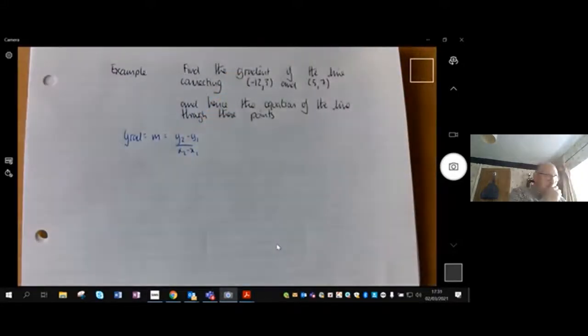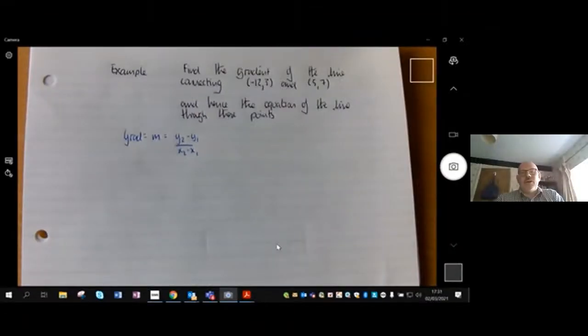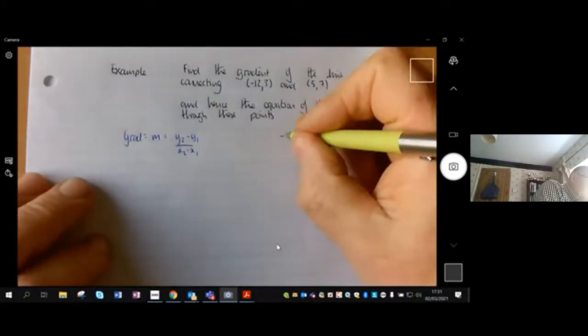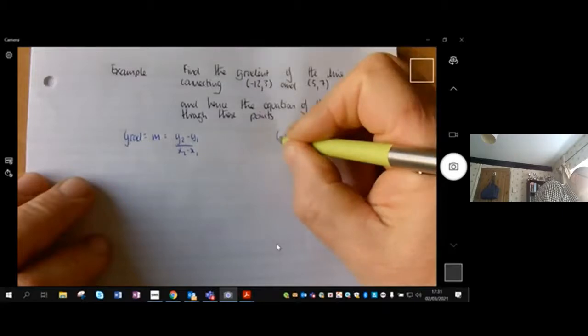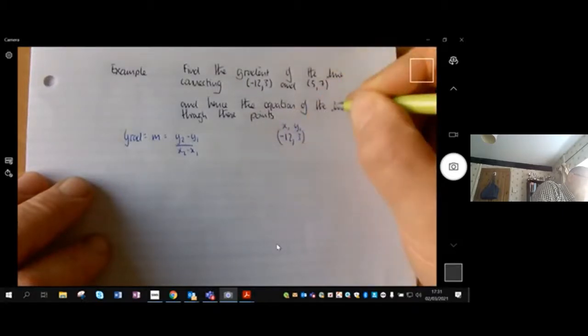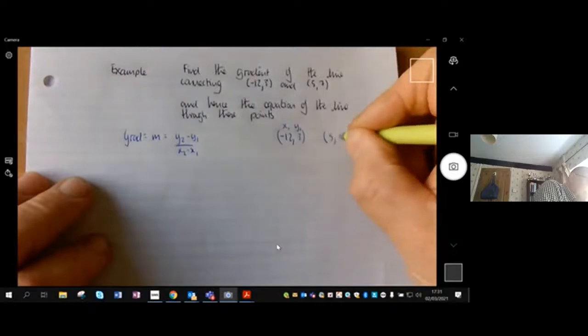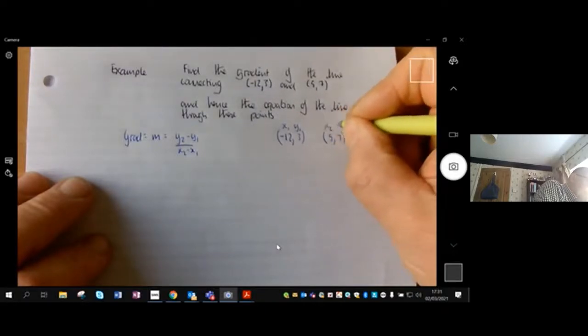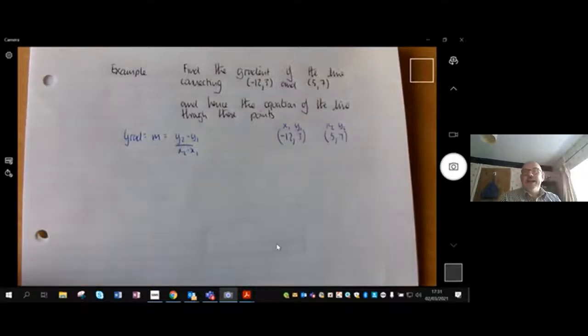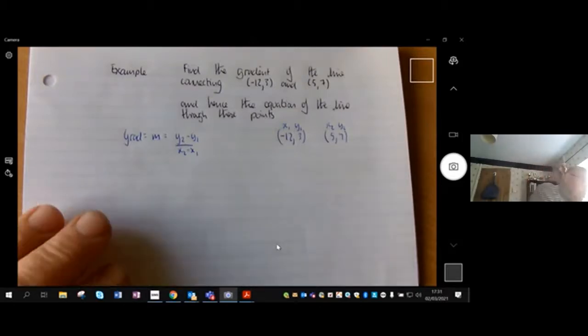If I was teaching you this, I'd show you it does not matter one jot which way round you label your x1, y1, x2, y2. The maths sorts itself out. The signs will sort themselves out. So I'm just going to go with the order I've got. Minus 12, 3 is x1, y1, and 5, 7 is x2, y2. If you're reviewing this yourselves after we've finished, you could always flip them around and see if it will still work, just to show you it will still work.